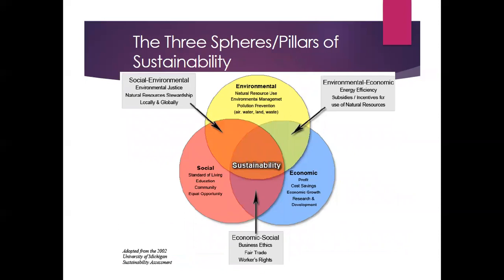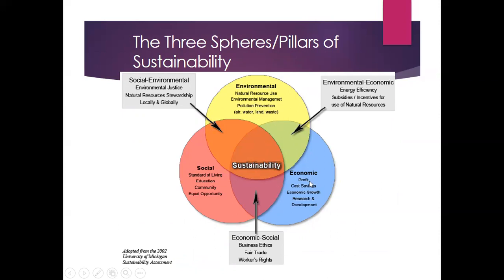Now we want to talk briefly about the 3 spheres or pillars of sustainability. Now, most of you should be familiar with this concept of the 3 pillars or 3 spheres of sustainability. We have our environmental sphere, our economic sphere, and our social sphere.